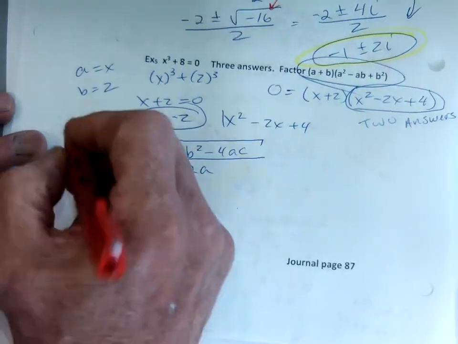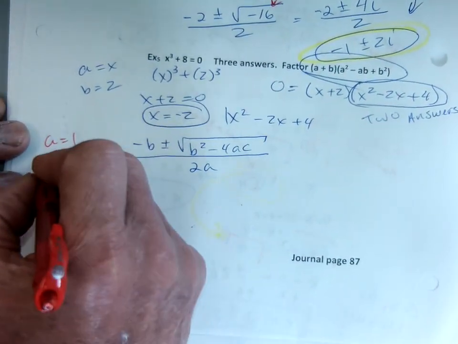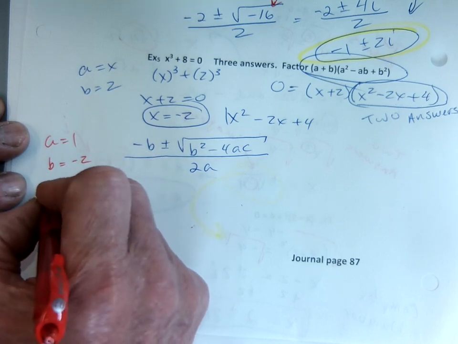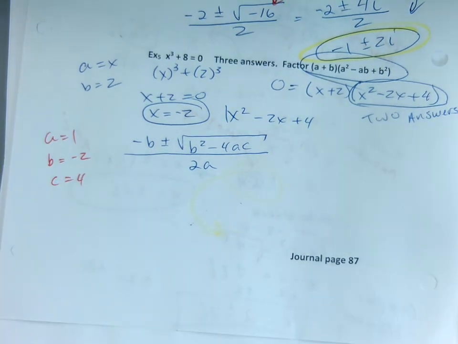a is 1, b is negative 2, and c is 4, right? And I'm going to plug, then I'll chug. So we're going to plug and chug, right? Are you ready for me to plug? Yeah. Okay, plug.